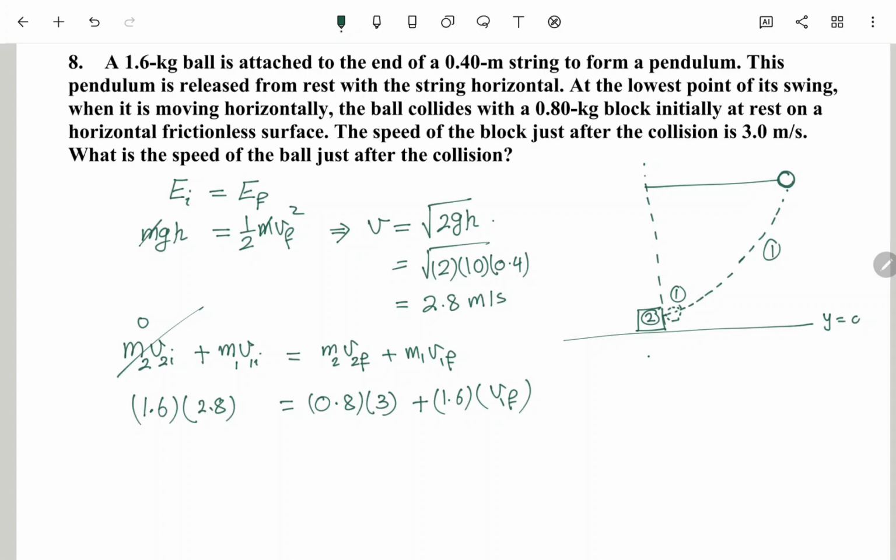Upon simplifying, V1 final will be equal to 1.3 meters per second.